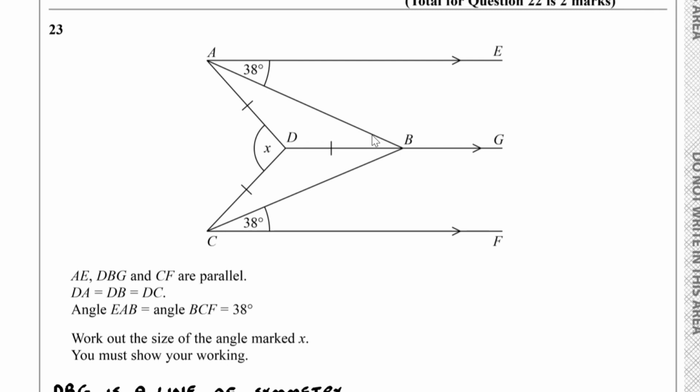So this angle and this angle will be equal, and the value of that will equal the 38. So this angle here is 38 degrees, and the angle here is 38 degrees.